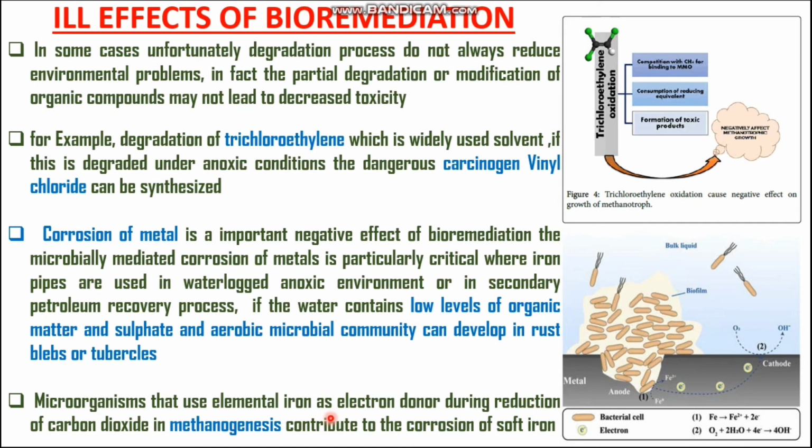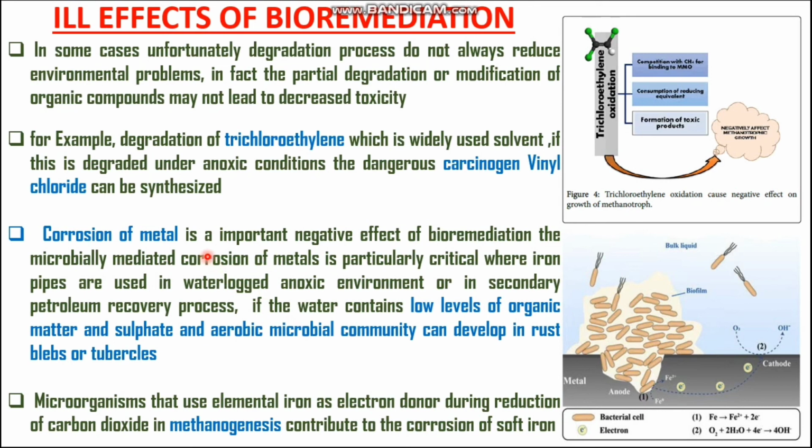For example, if trichloroethylene, which is widely used as a solvent, is degraded under anoxic conditions, the dangerous carcinogen vinyl chloride can be synthesized. So we must be aware of the biodegradation process, and we must calculate what the byproducts and products will be as a result of bioremediation to avoid unwanted hassles.